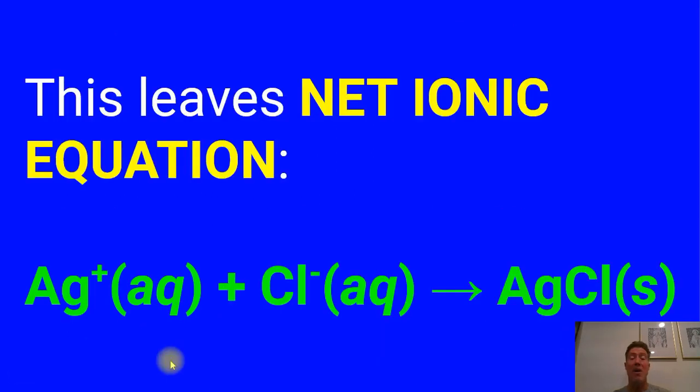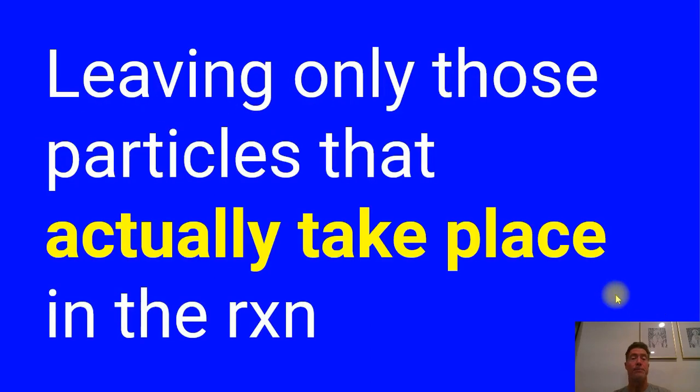So we're going to leave out the non-news-making items, the spectator ions, because nothing happened with them, nothing changed. Here's where all the action was. Silver combined with chloride to make silver chloride. So the net ionic equation just leaves the particles that actually do something in the reaction, that actually change.